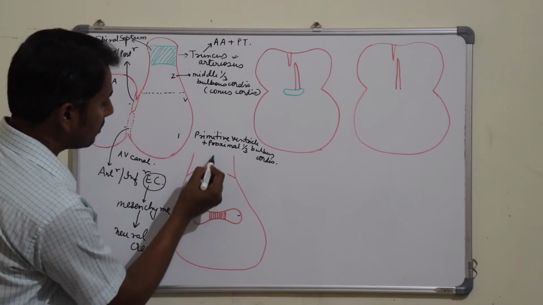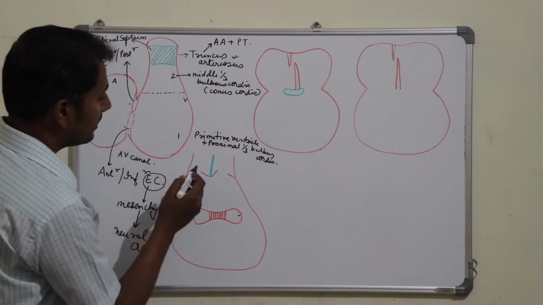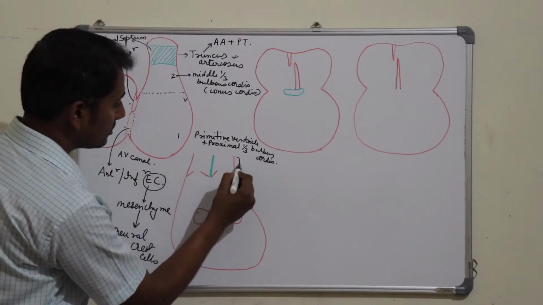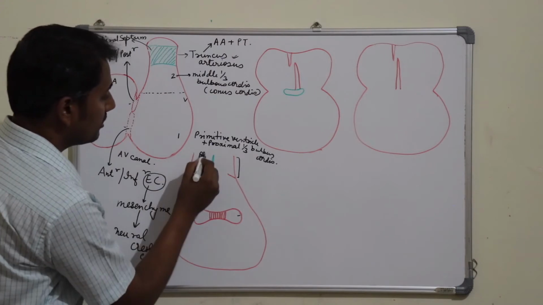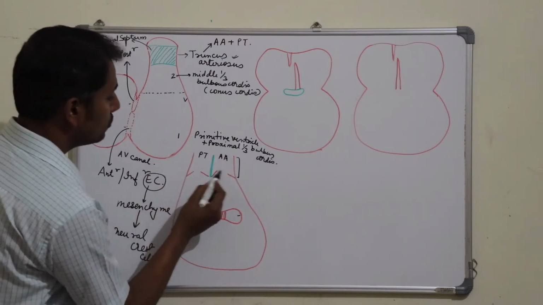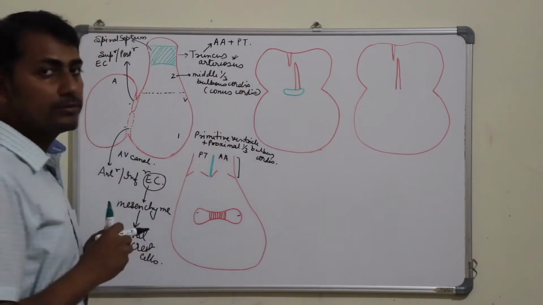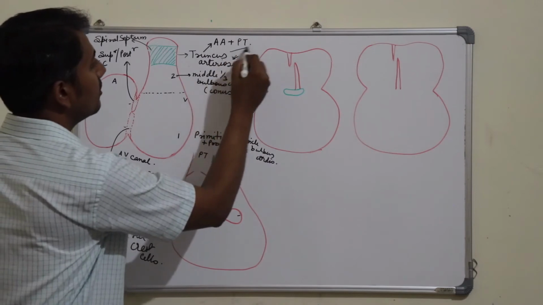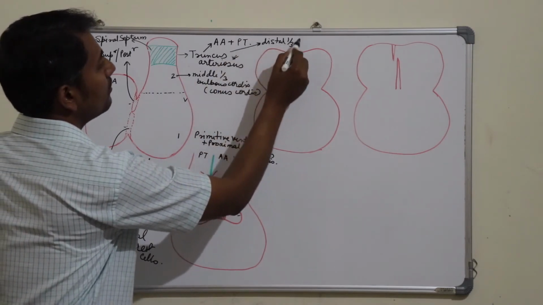This green structure was the spiral septum dividing the truncus arteriosus into a pulmonary trunk and an ascending aorta. These are two semilunar valves. This truncus arteriosus is basically the distal one-third part of the bulbus cordis.